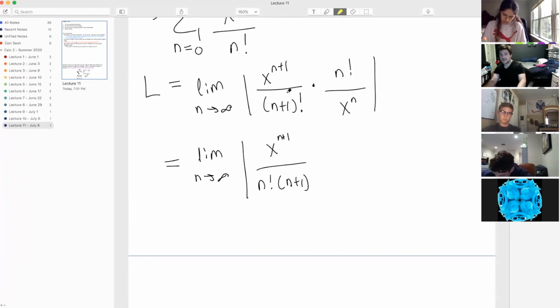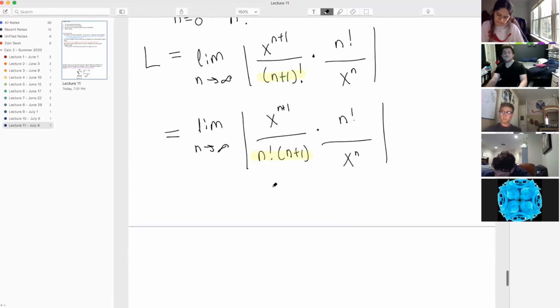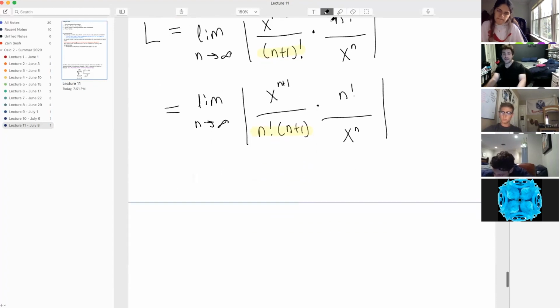That was that nice recursive property of factorials. Everything else is the same, and the point is that we get a lot of nice cancellations. The n factorial and n factorial cancel, and x to the n plus 1 over x to the n just comes out to be x. So this is the limit as n goes to infinity of x over n plus 1.